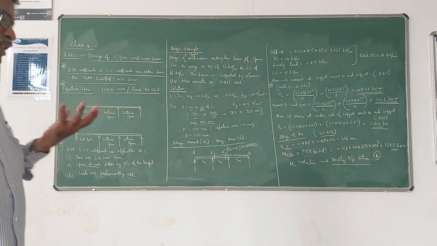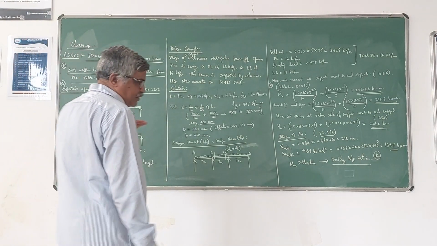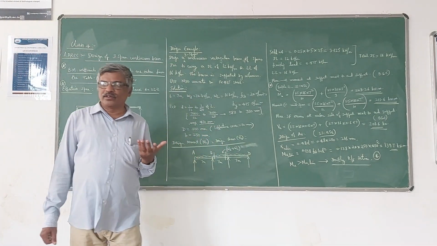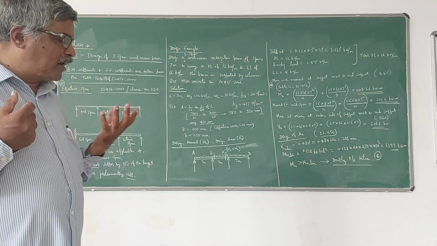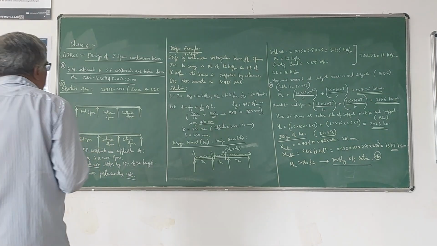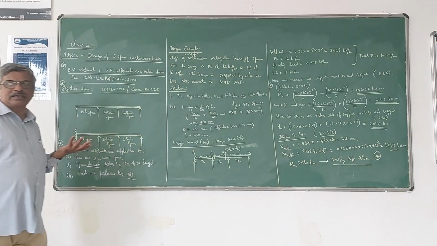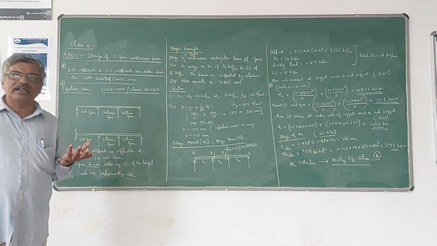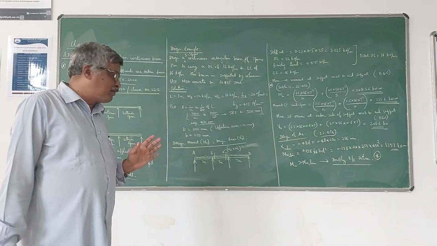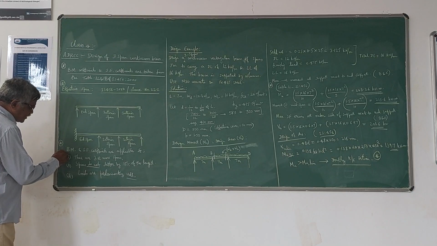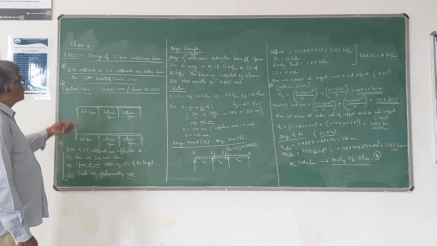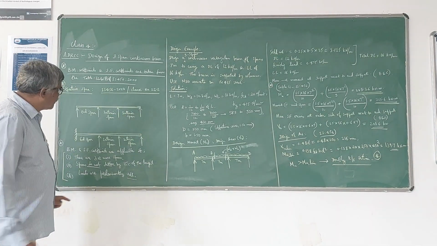Only in exceptional cases may the beams carry point loads, when some heavily loaded object is kept, and then you can take it as a point load. But in normal design, we take the loads as uniformly distributed loads. So these three are the important conditions that should be satisfied for using these bending moment and shear force coefficients.